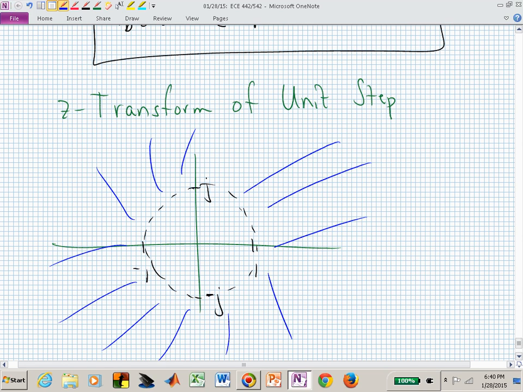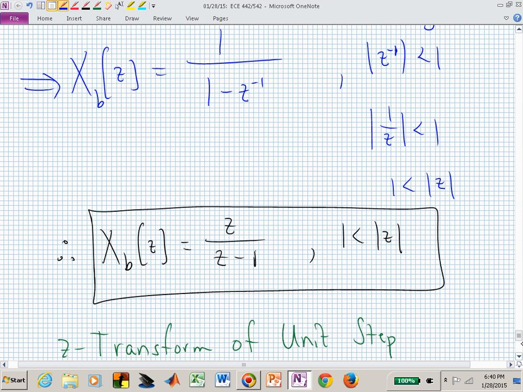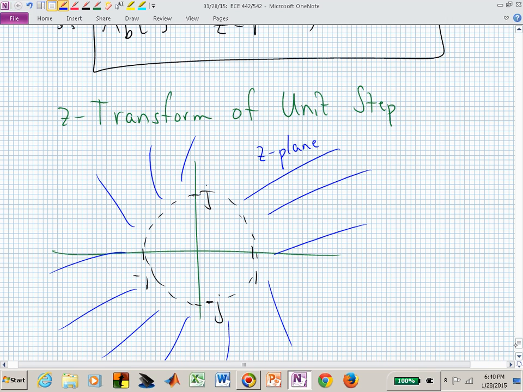It has an absolute value. This is our z-plane. That transform of z over z minus 1 exists as long as z is out here outside of the unit circle, and we call that region where it converges the region of convergence. The region of convergence for the unit step in discrete time is this unbounded region outside the unit circle.